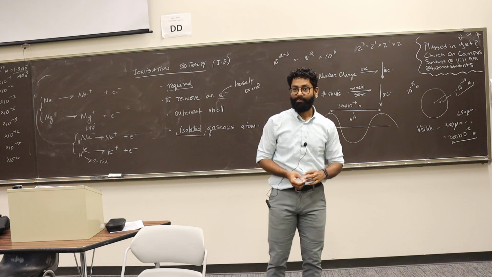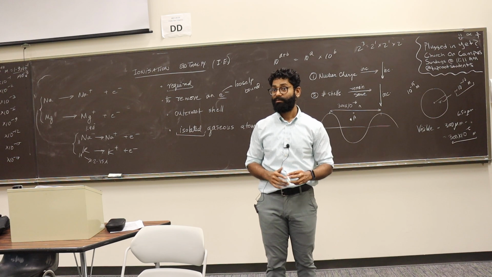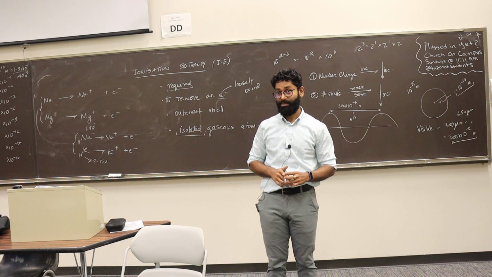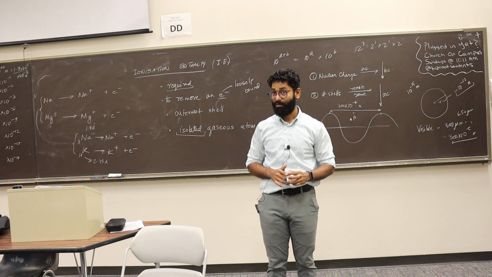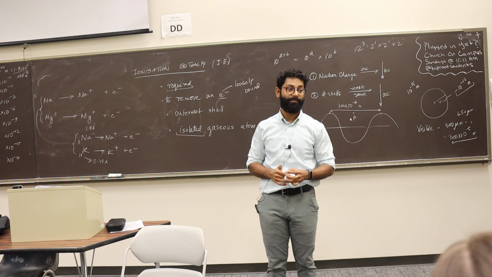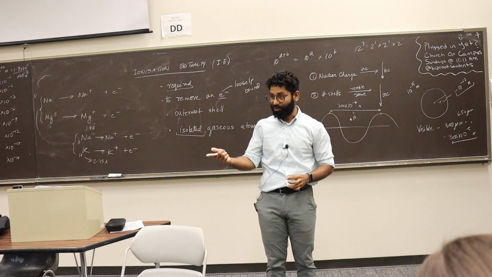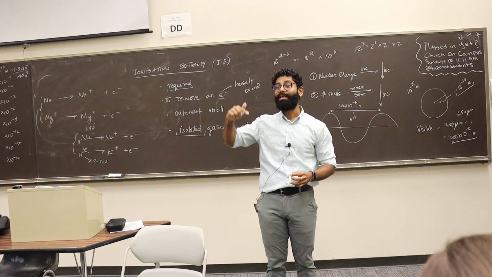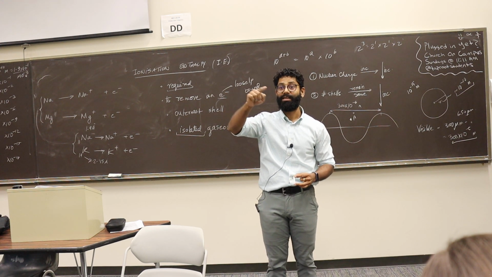Which electron will be easier to pull out between potassium and sodium? Potassium, it's farther away. It's larger. Larger, easier to pull out an electron, therefore less ionization energy.